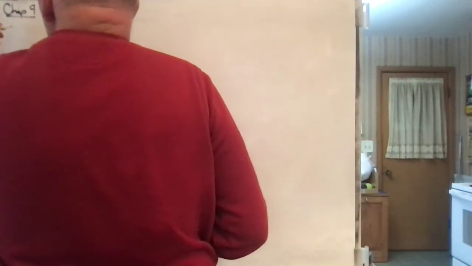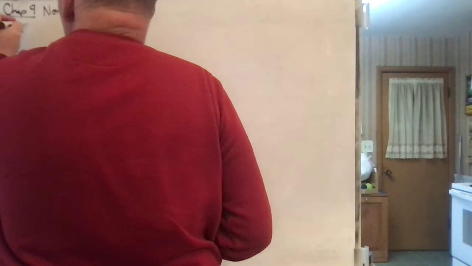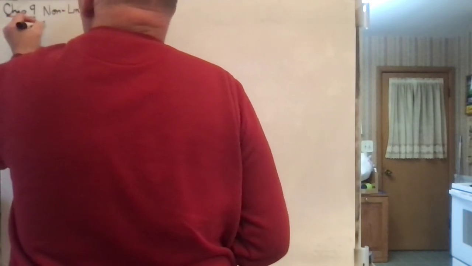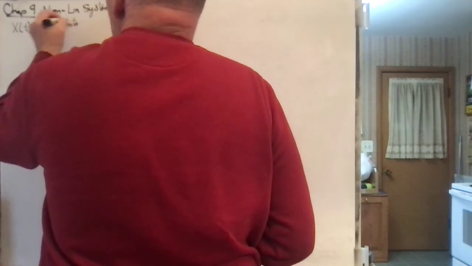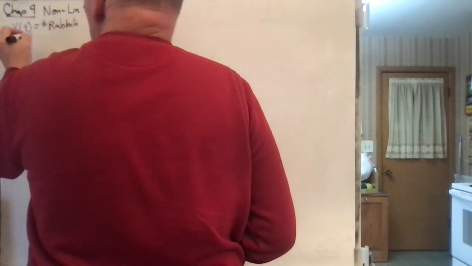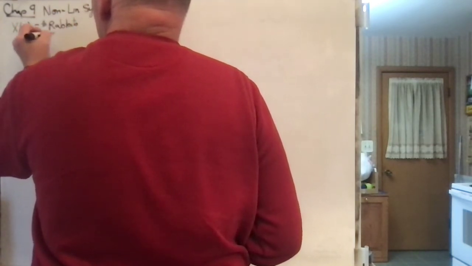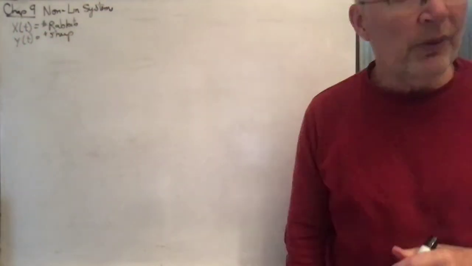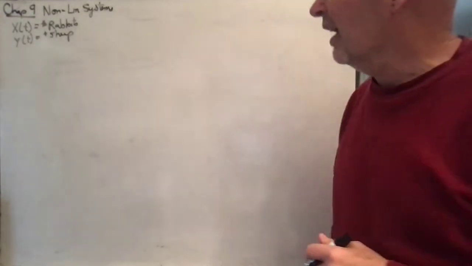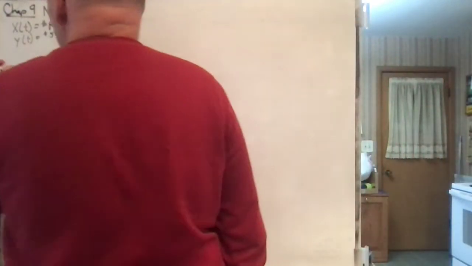We'll let x of t be the number of rabbits and y of t be the number of sheep at time t. Okay, so we'll assume that they're on this land, and let's think about how this goes again.